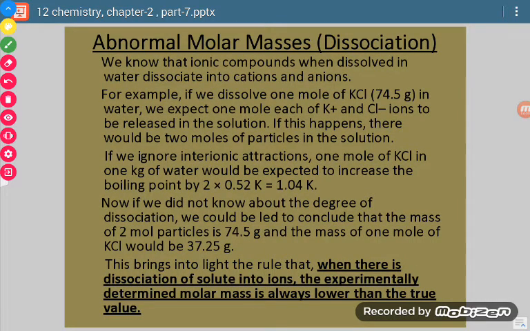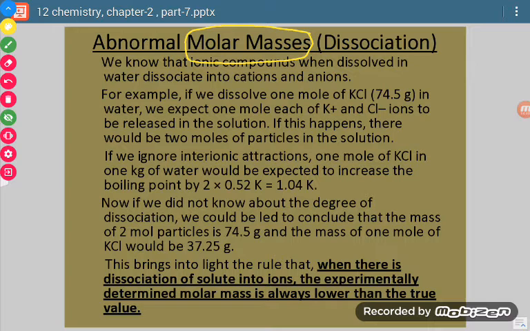Now the next topic is abnormal molar masses. What do we mean by abnormal molar masses? When we use colligative properties to calculate the molecular mass, if we know the solute, we know what the value of the molecular mass should be.